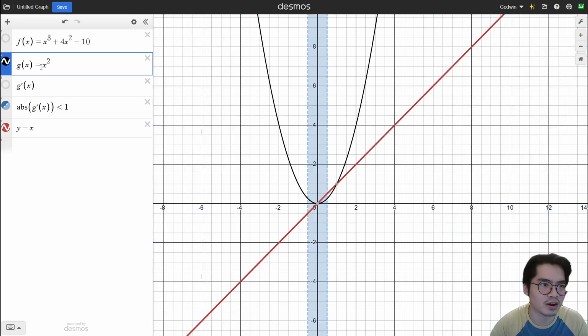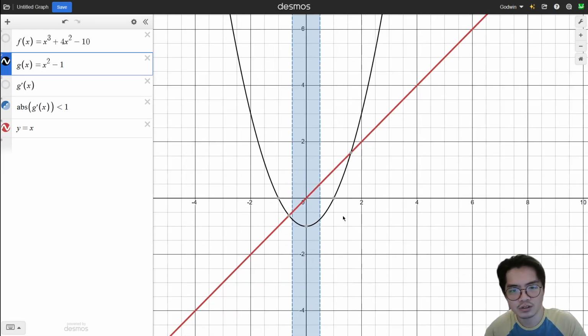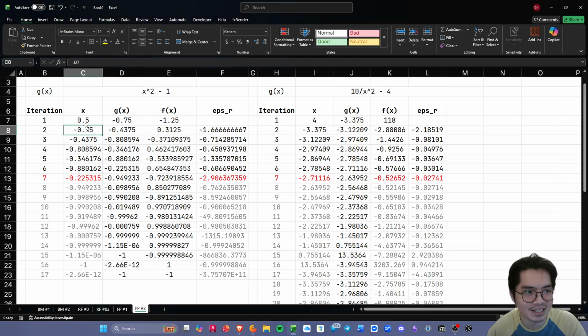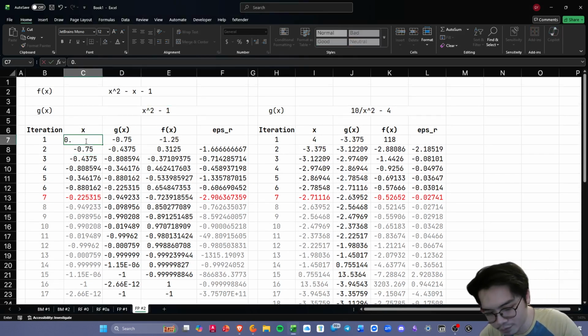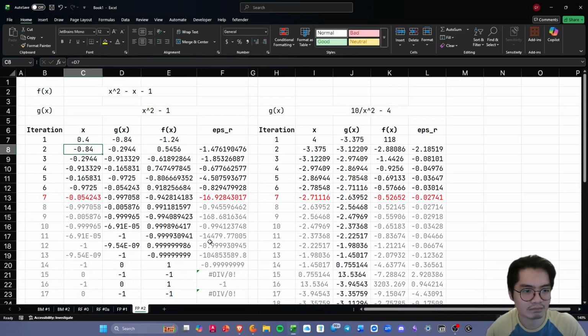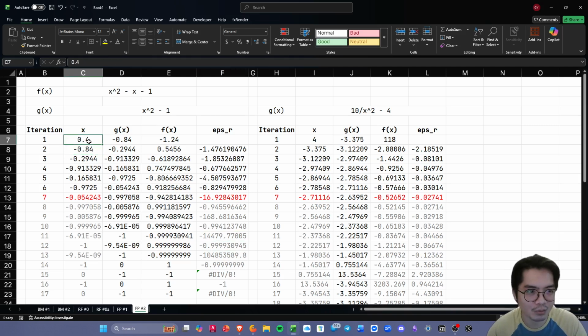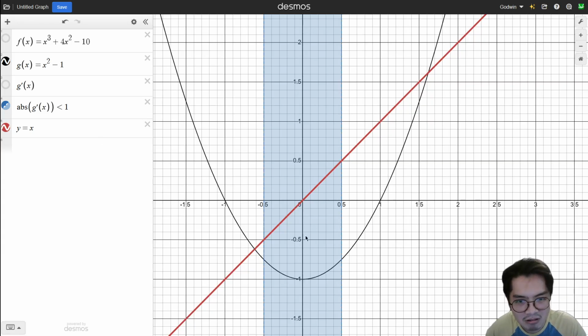There you go. x squared minus 1. Okay, so apparently it will only work below 0.5. Let's see if a value will get us there. What about 0.4? Okay, it's not working. Look at that, right? What about a negative value, negative 0.1? Not working as well.